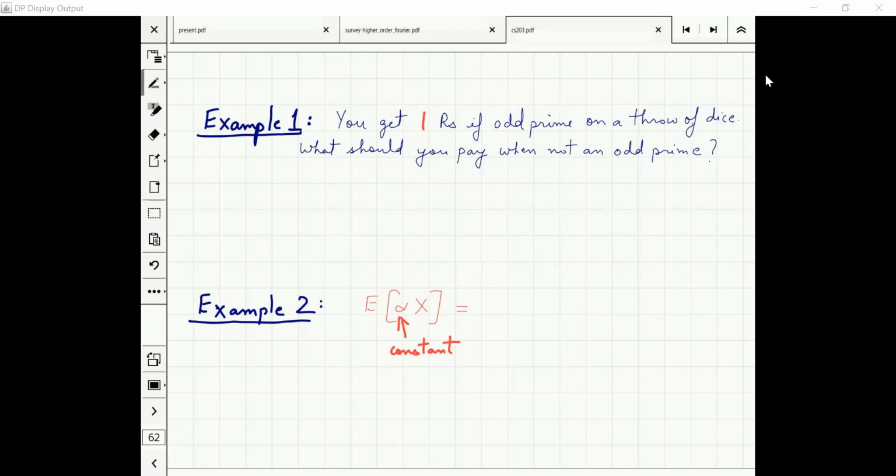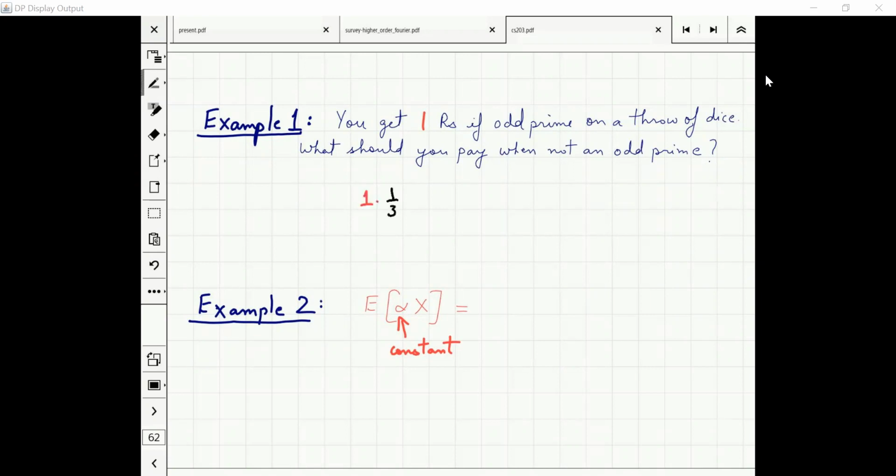What is the probability of getting an odd prime? 2 by 6, yeah, 1 by 3, right? That means I will get 1 rupee with probability 1 by 3.